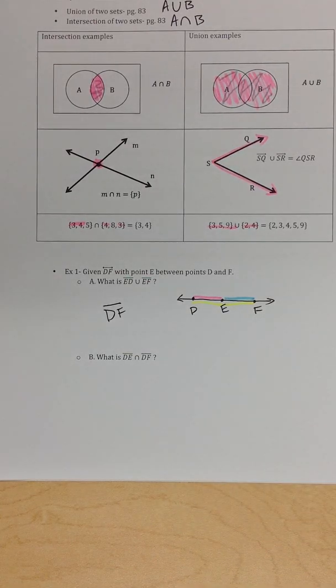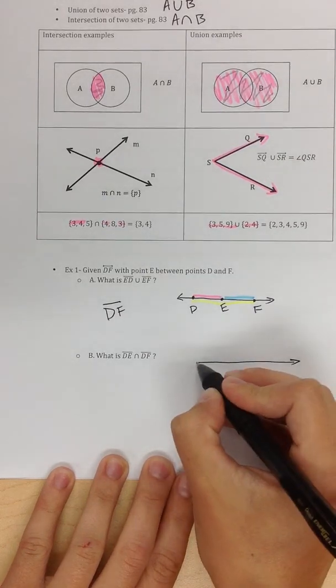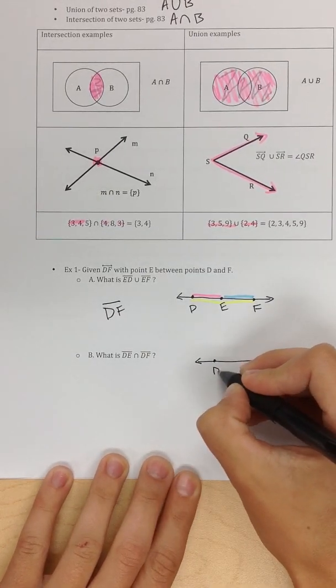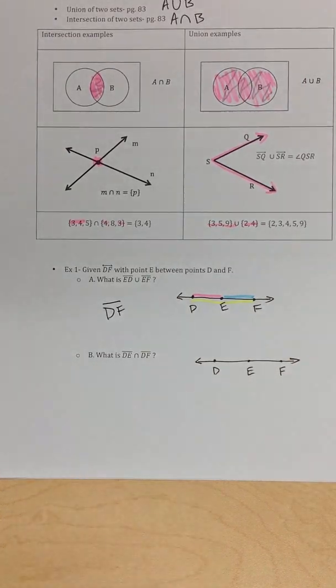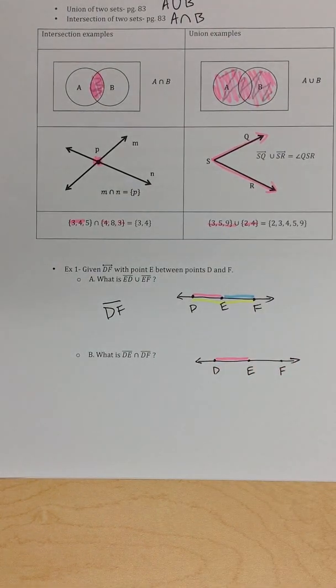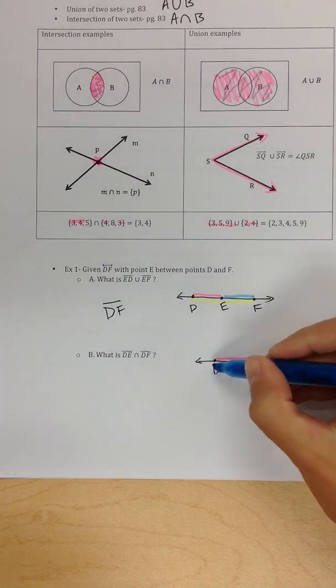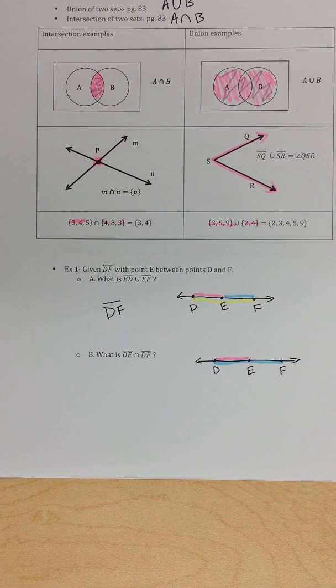Now the next one, they want that same line. So we've got the line DF, D there, F there, E still in the middle. This time they want an intersection of DE, D to E, and DF, D to F. They want to know where those two cross.